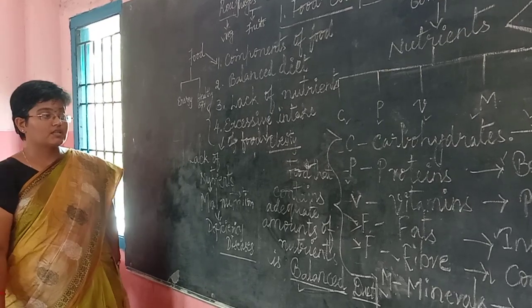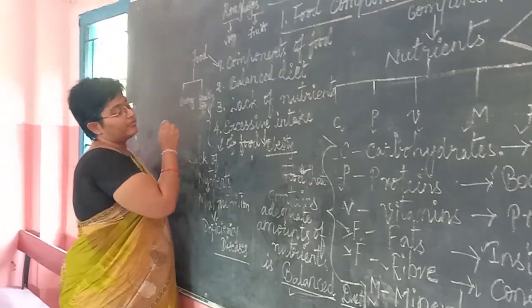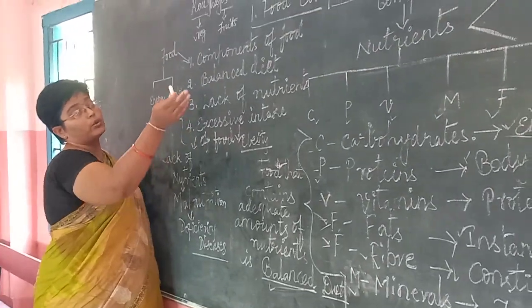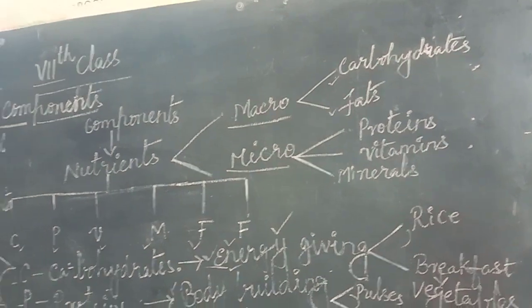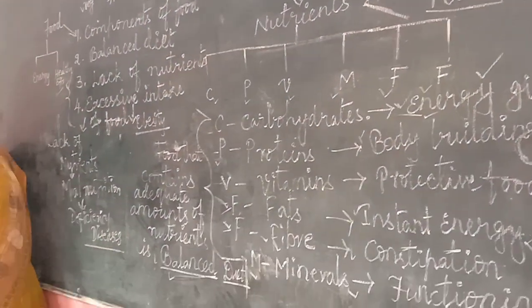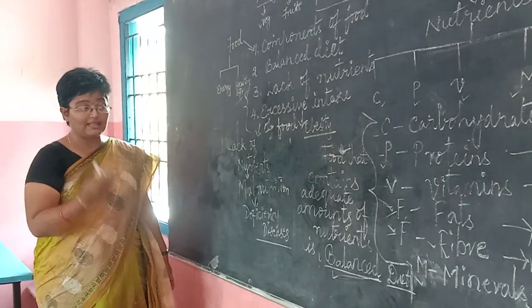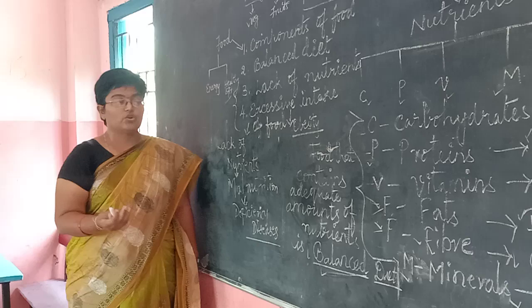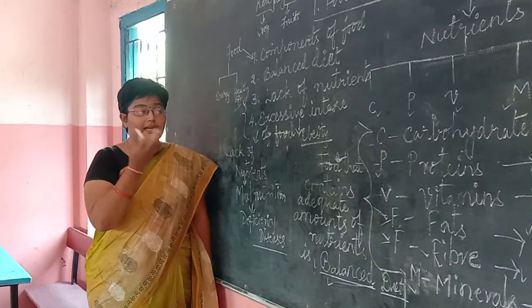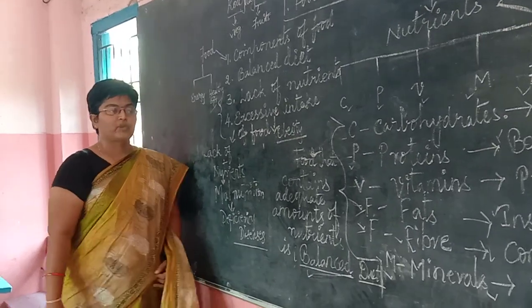To stay healthy and fit, we have to take micro and macronutrients by balancing our diet regularly. Can all of us make a balanced diet regularly? Yes, of course. We have breakfast in the morning, lunch in the afternoon, and dinner at night.